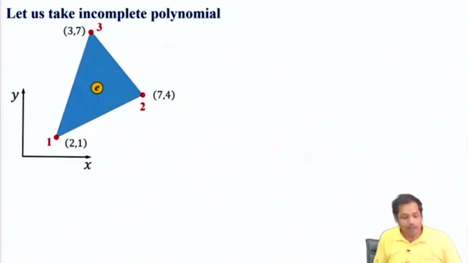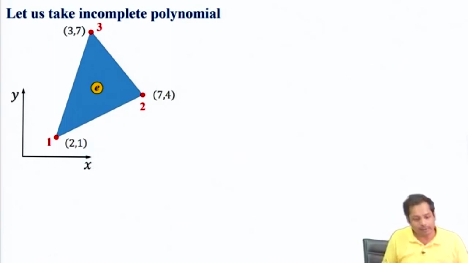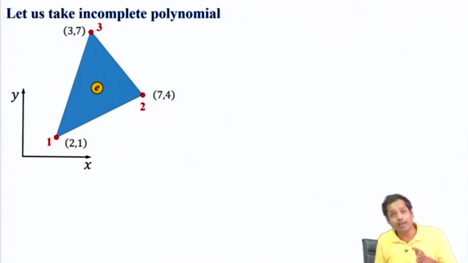Let's do that. If you recall, we had already constructed the shape function for this element, the 3-noded triangular element, and we have seen that the strains are constant, and that's why it is also called the constant strain triangle. When we constructed this shape function, our approximation was c1 plus c2x plus c3y.